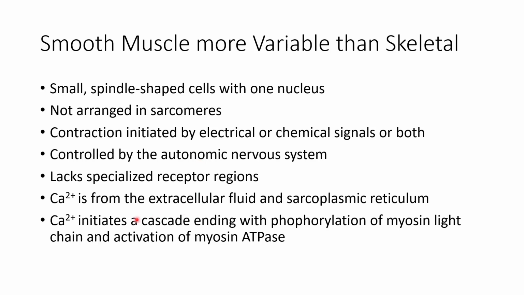And the last part gets to its contraction. The calcium that initiates contraction, just like in skeletal muscle, initiates contraction of our contractile elements. But calcium is brought in from the extracellular fluid, so from outside the cell, as well as from the sarcoplasmic reticulum inside the cell. And in skeletal muscle, it only comes from the sarcoplasmic reticulum.